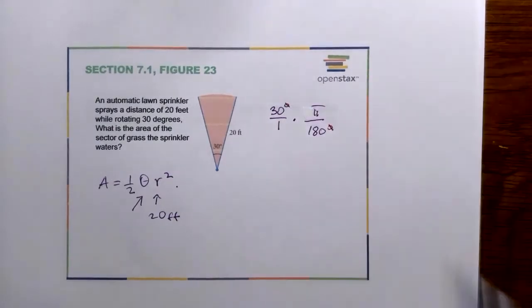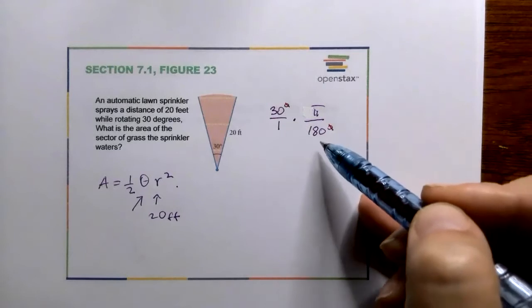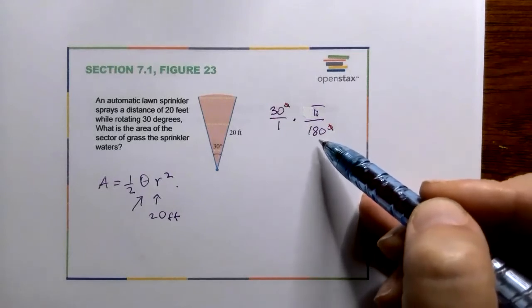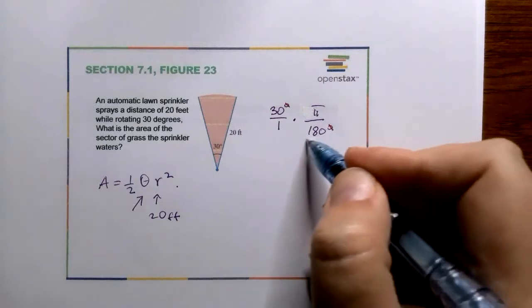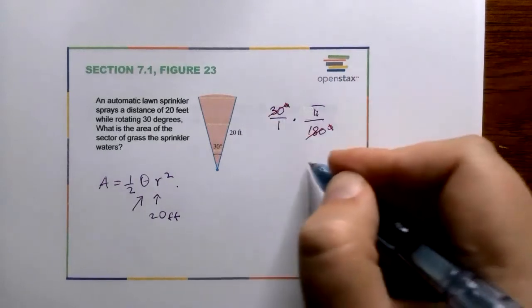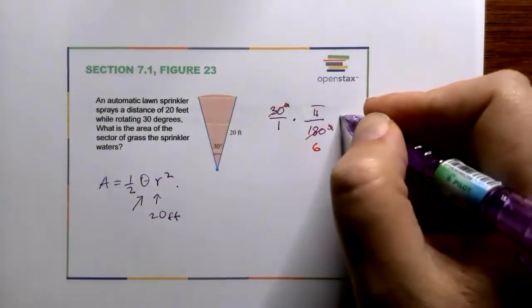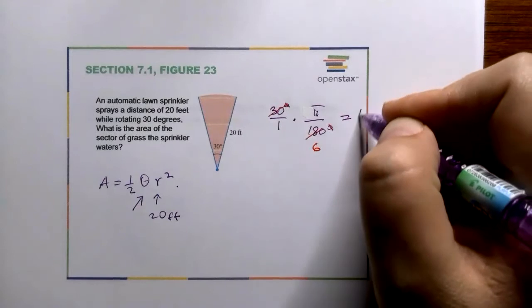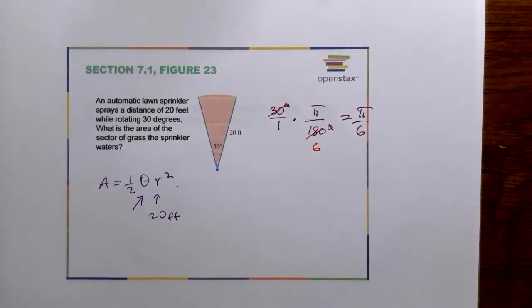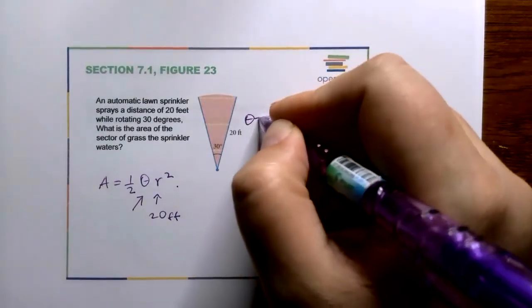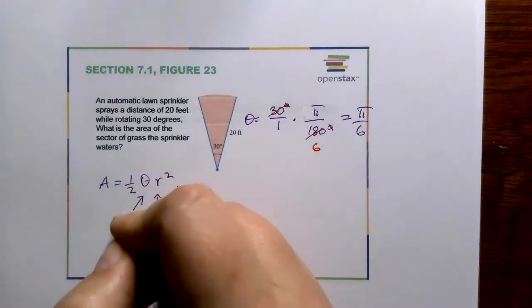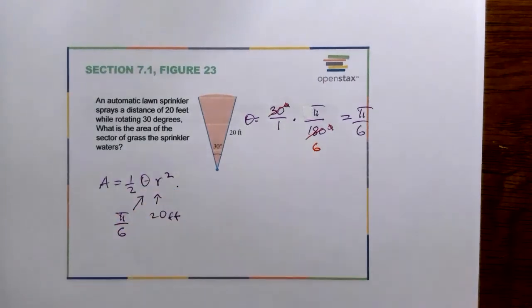And also 30 goes into 180 6 times. So when canceled, we have pi over 6. So for our theta, that's our angle, we're going to put in pi over 6.